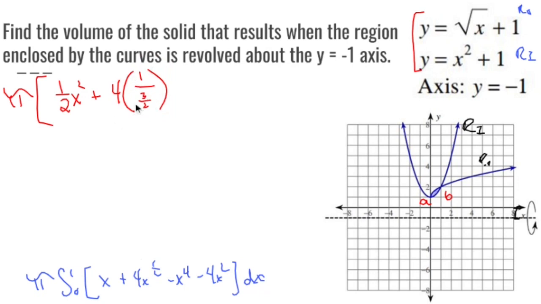And I'm just going to do the math right here and then erase things. 1 over 3/2, when you divide 1 by a fraction, you just get its reciprocal. So 1 divided by 3/2 is 2/3.